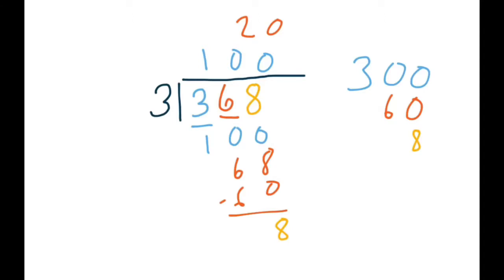Well, we can't really, so we get as close as we can. And we know that 3 times 2 is 6, which is as close as we get to 8. So we subtract that, and we're left with 2. So we take all these answers, put them in their proper place value, and our final answer is 122 with a remainder of 2.